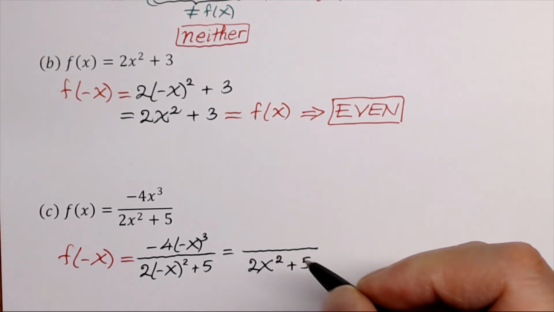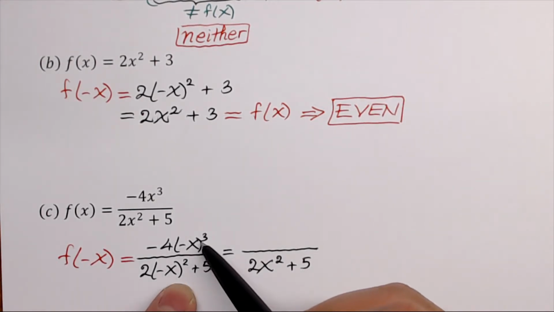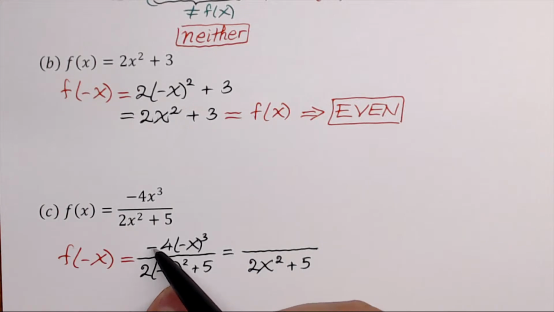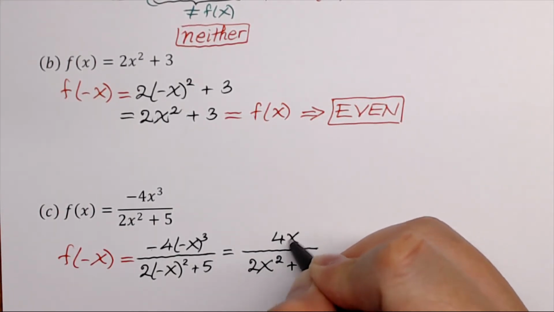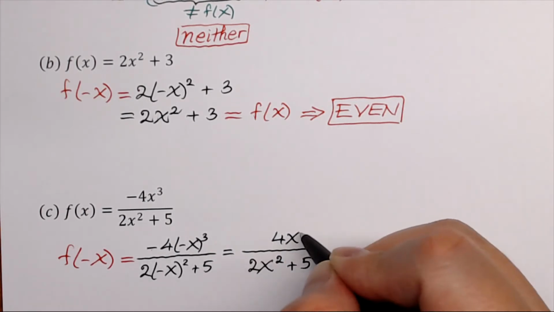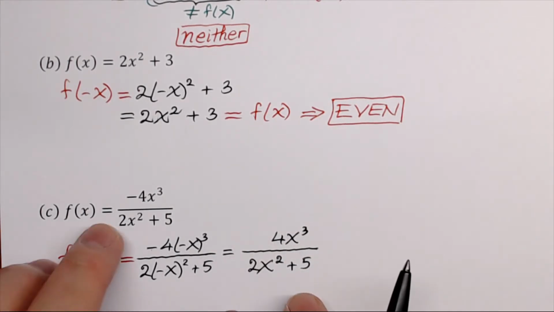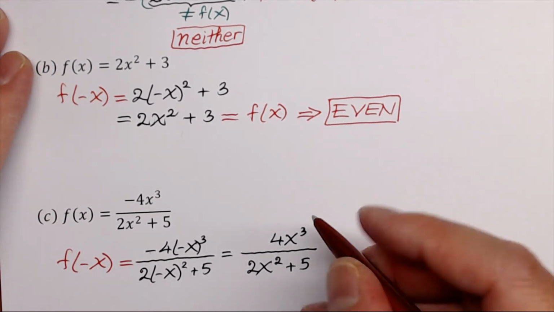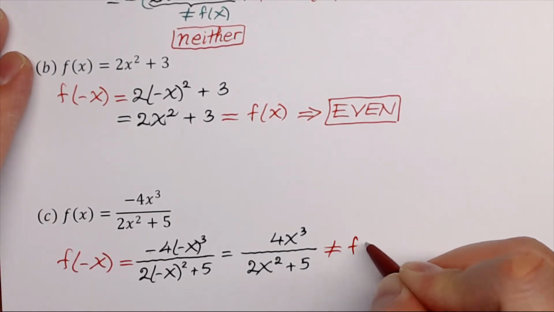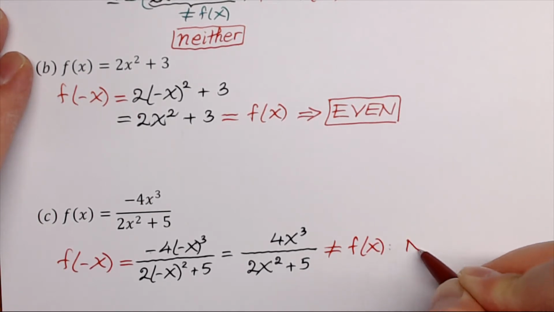On the top we have 3 negative signs, and then one more, so it will be 4 negative signs, which will turn to positive. Now obviously they're not the same, we're missing a negative sign. So because it is not equal to the original function, this one is not even.